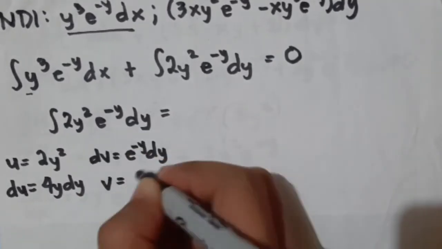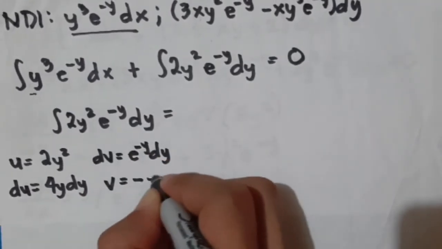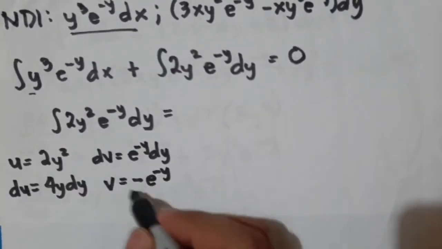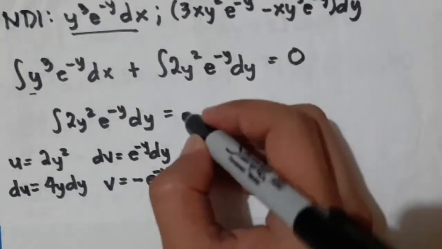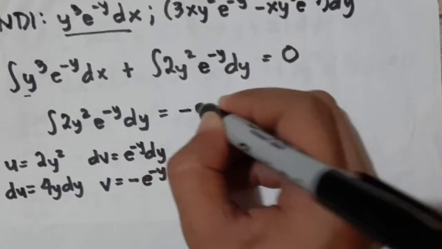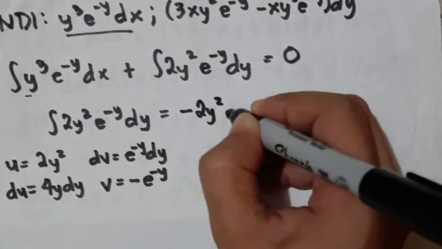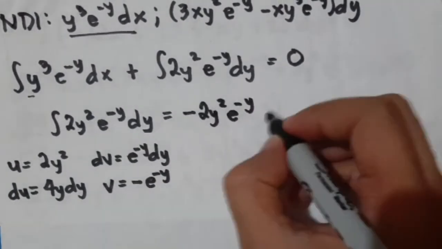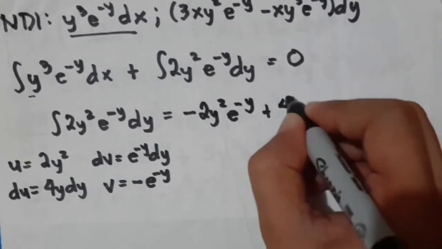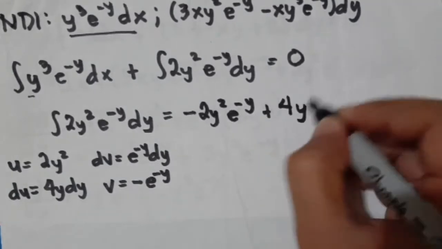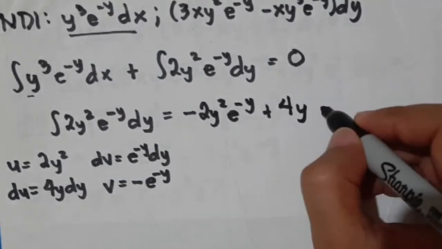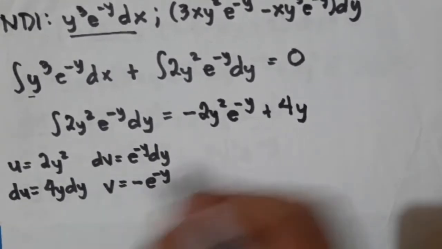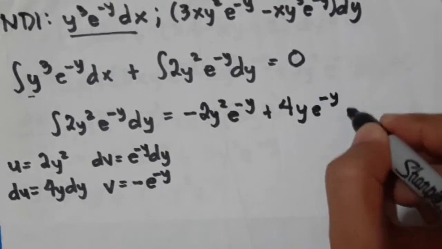Pag in-integrate natin yan, v is negative e negative y. By integration by parts, that's uv minus integral of v du. So this is negative 2y squared e negative y, minus minus, that's plus integral of 4y e negative y dy.